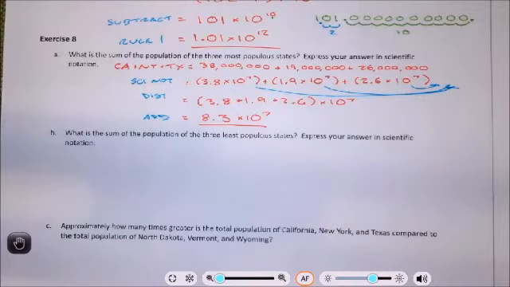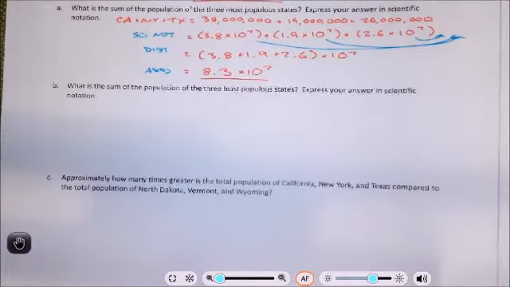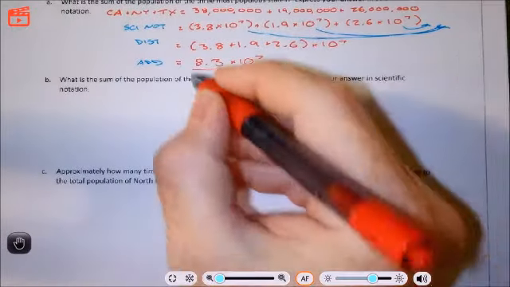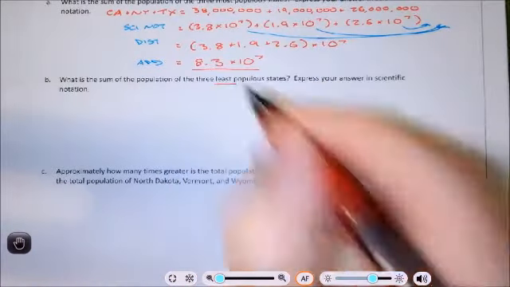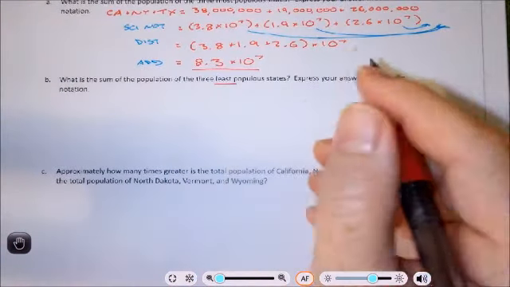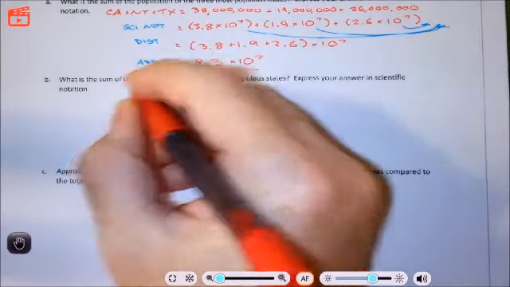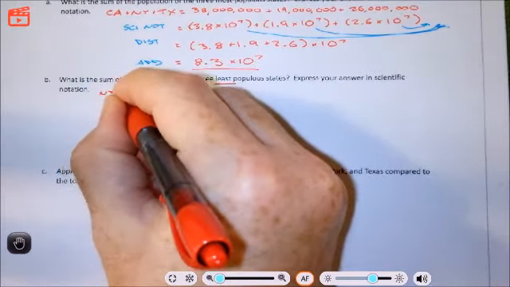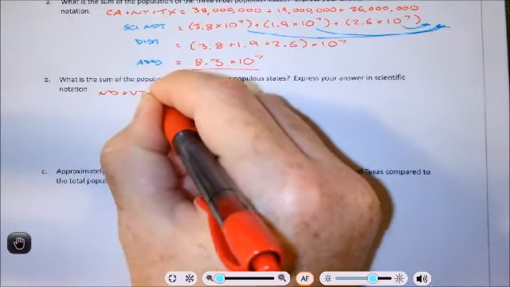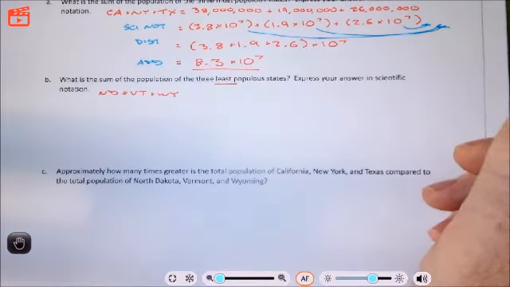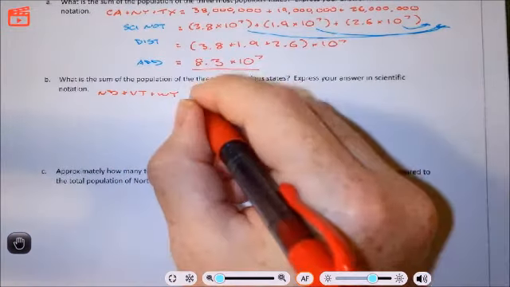Let's do the same thing for 8b, only this time it's for the sum for the 3 least populous states. So that is North Dakota plus Vermont plus Wyoming, and again you are using the table on page 86.